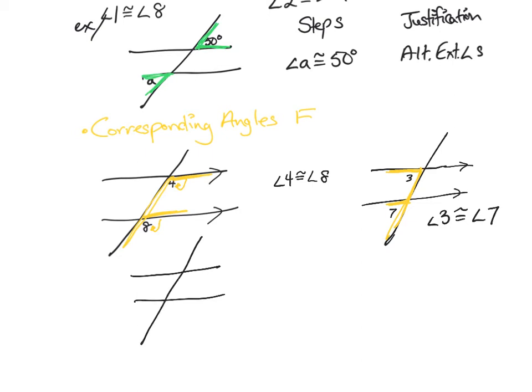We also have the case of an upside down F. So in an upside down F, we could say that angles 6 and 2 are congruent.